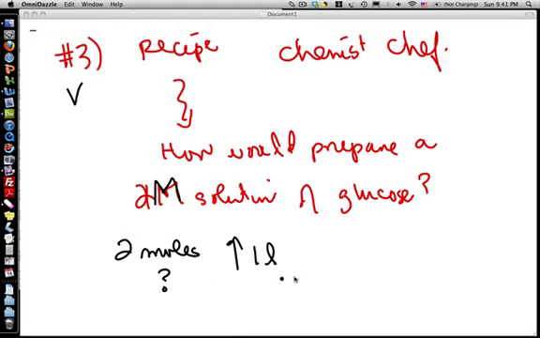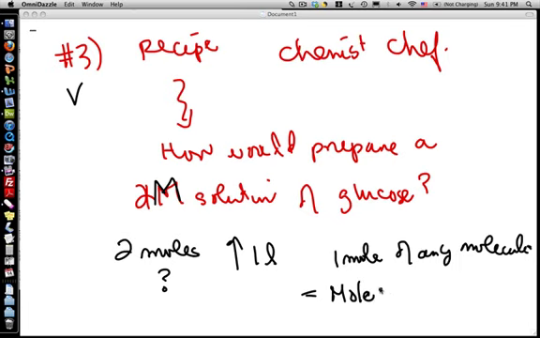And so there's a simple relationship here for this part 3, and that is that 1 mole of any molecule is equal to its molecular weight, often abbreviated MW, in grams.